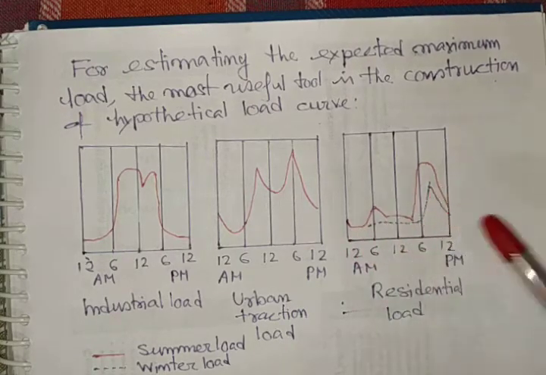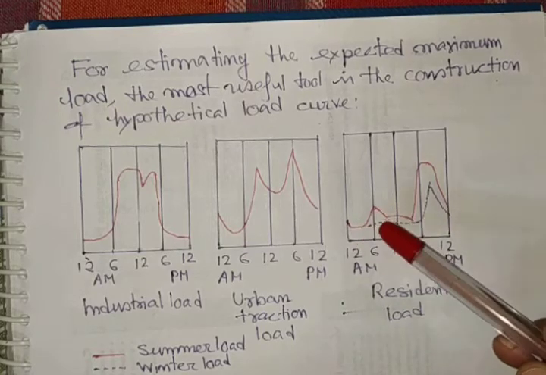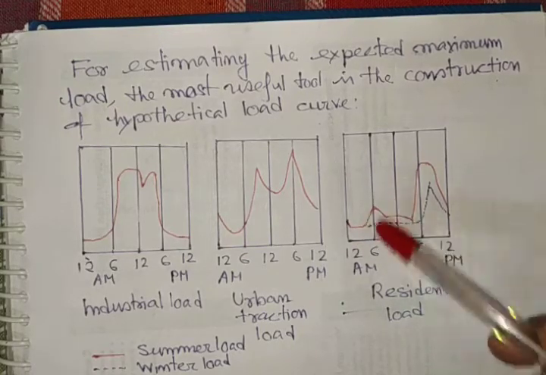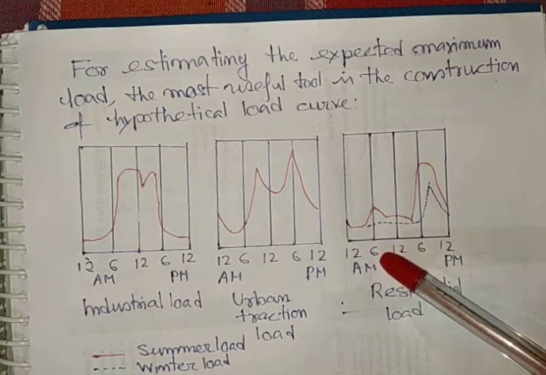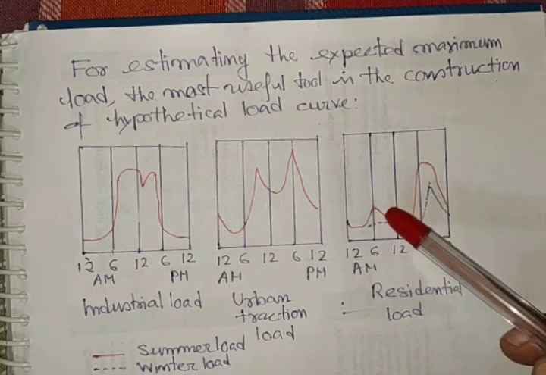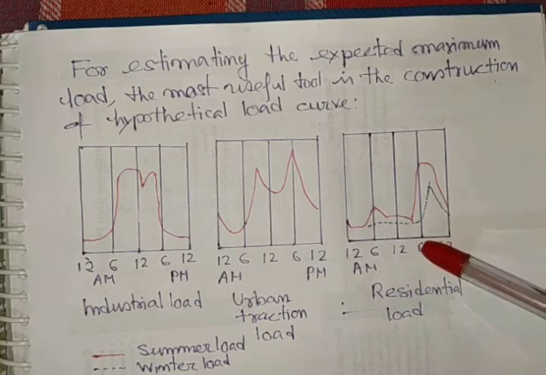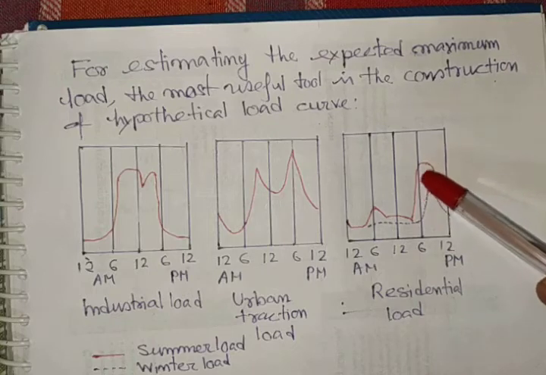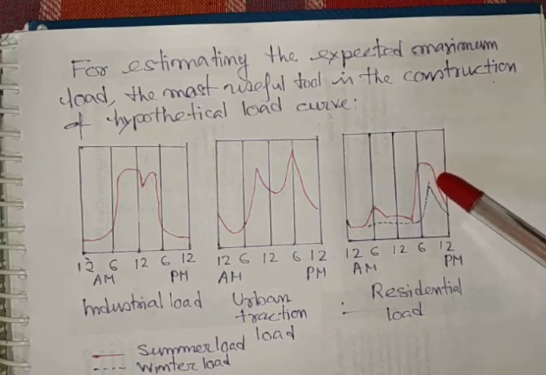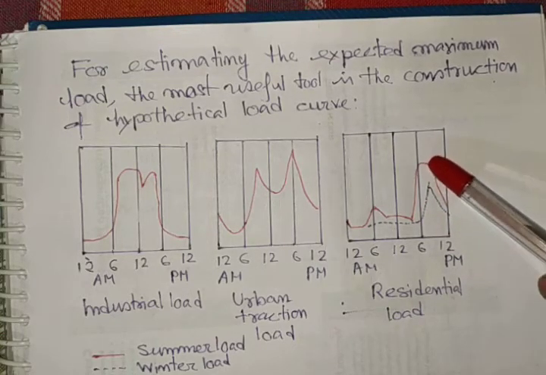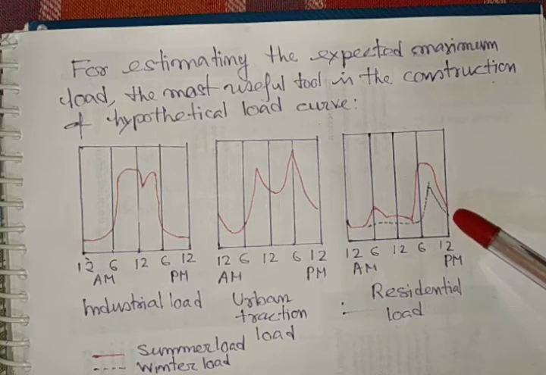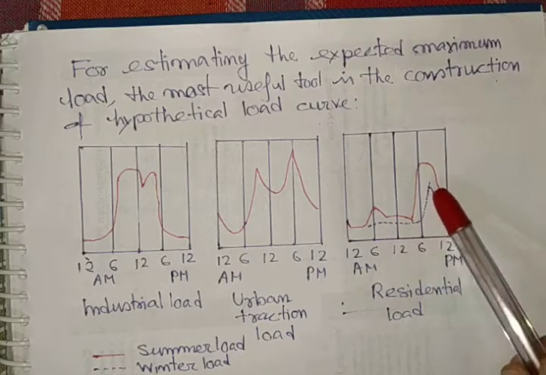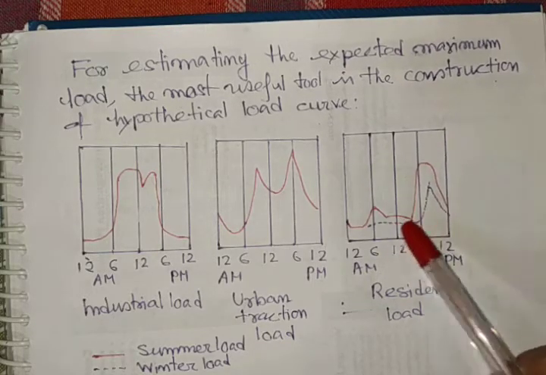Initially, at night, during 6 a.m. it will increase, then again decrease. At 6 it will reach the maximum peak, and suddenly it will come down. And this dotted line basically represents the winter season.